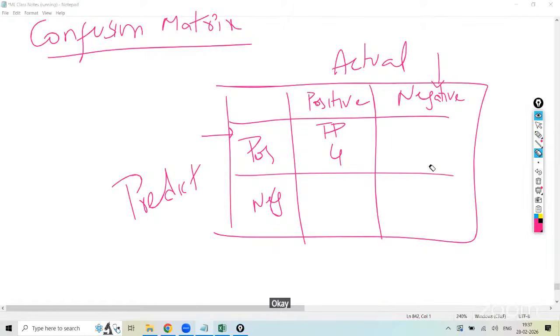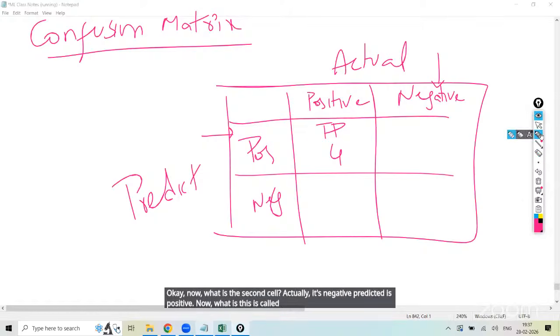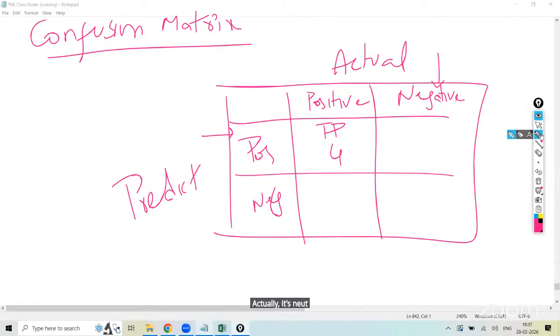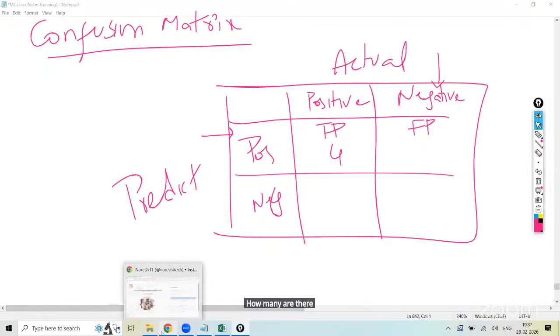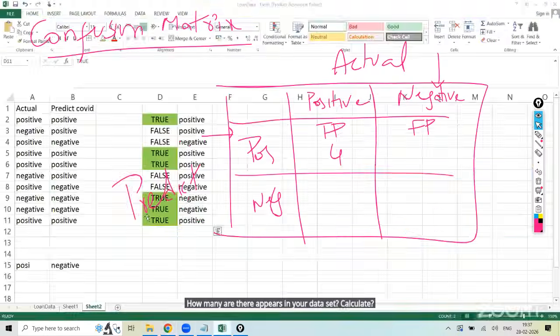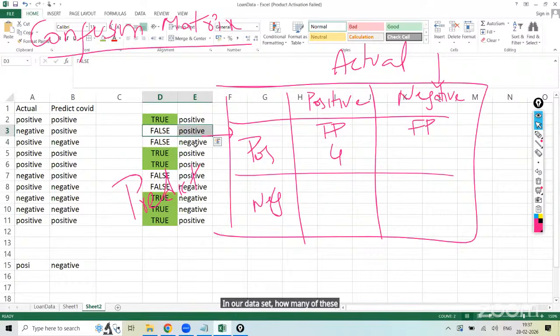Actual is negative, predicted positive. What is it called? Wrongly predicted positive, FP. How many FPs are there in your data set? Calculate. 1, 2, 2 are there. Write the number 2 here.